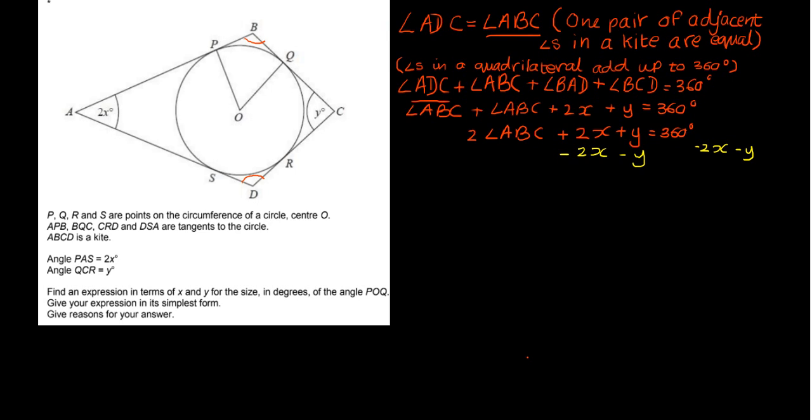So 2 angle ABC is equal to 360 degrees minus 2x minus y, and then I divide both sides by 2 to get angle ABC. So angle ABC is equal to 360 over 2 minus 2x minus y.